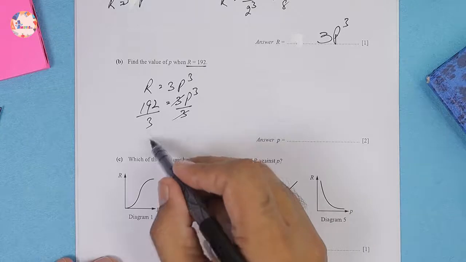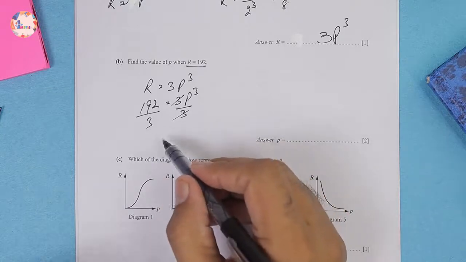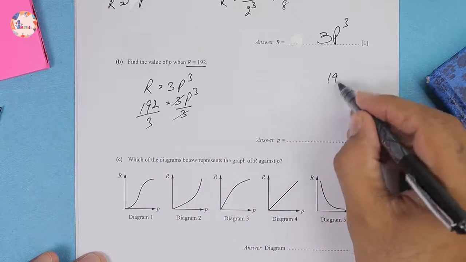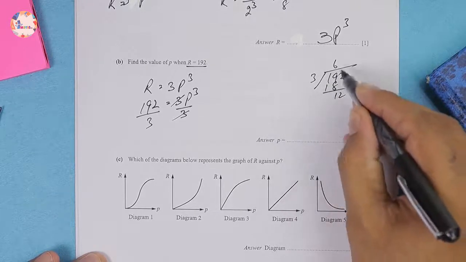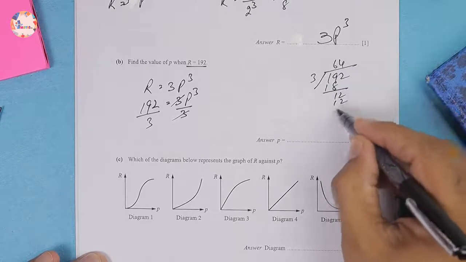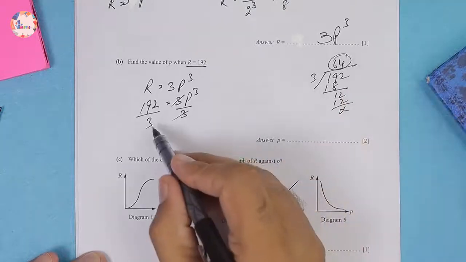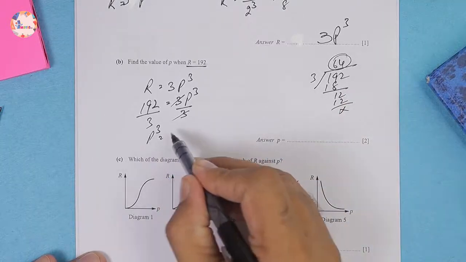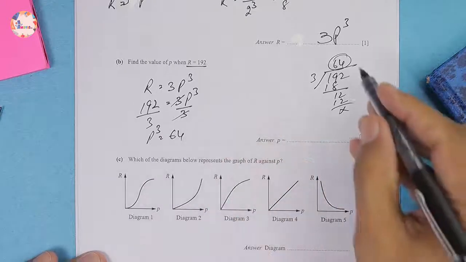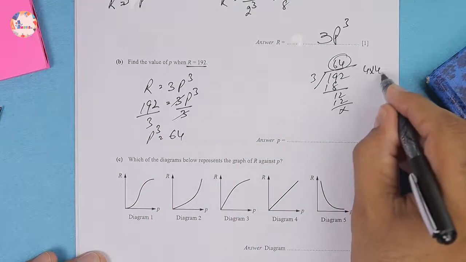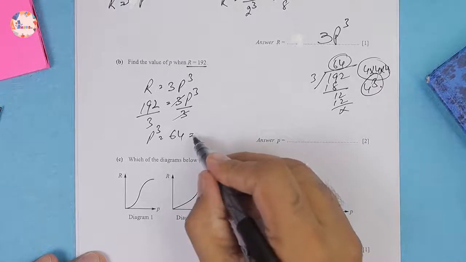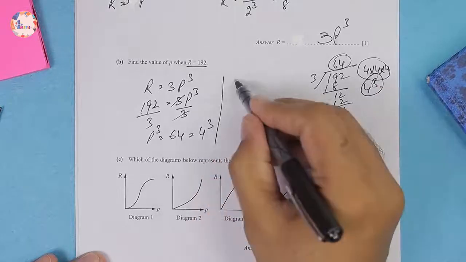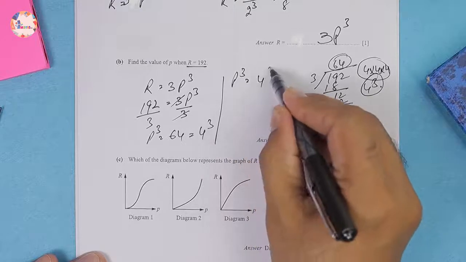Now we can divide 192 by 3. 3 6s are 18, and 1 and 2 and 3 4s are 12, and 64. So we can write p cube is equal to 64, and 64 we can write 4 into 4 into 4. It means 4 cubed. So p cubed is equal to 4 cubed.